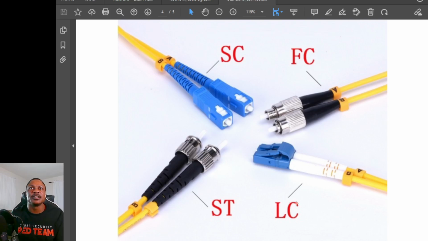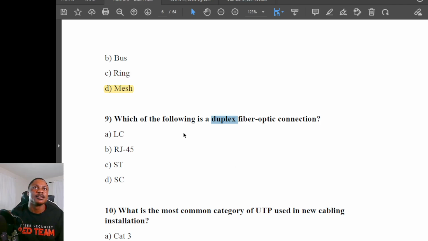And that left the LC, which looks special. So when you get to the exam and you see this question, you have to remember the LC is the one that is a duplex fiber optic connection.